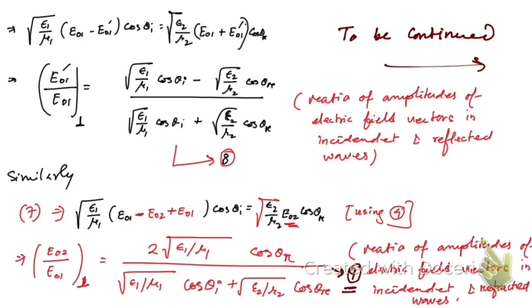Now you see these two equations, as we have considered both media to be dielectric, we can write these two equations in another form. So let me take a new page.